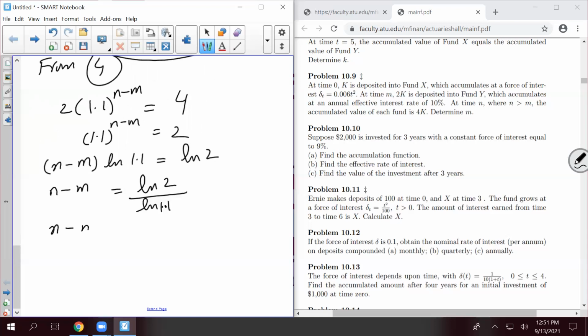So how much do we get for n minus m? Yeah, 7.27. 7.27.